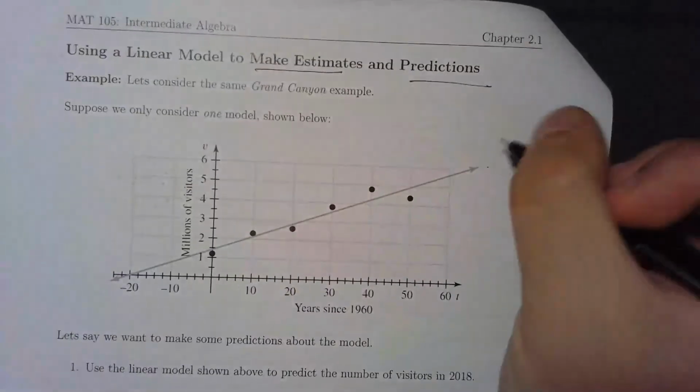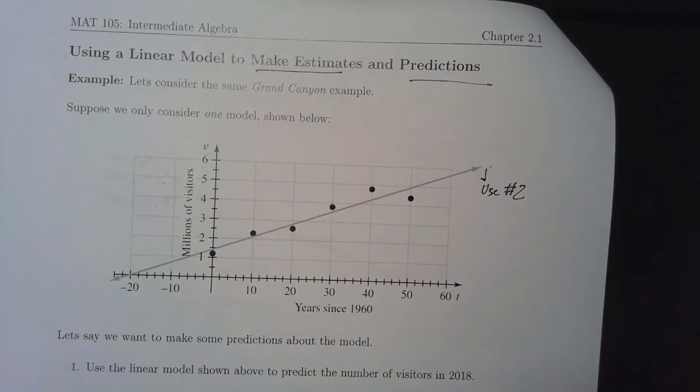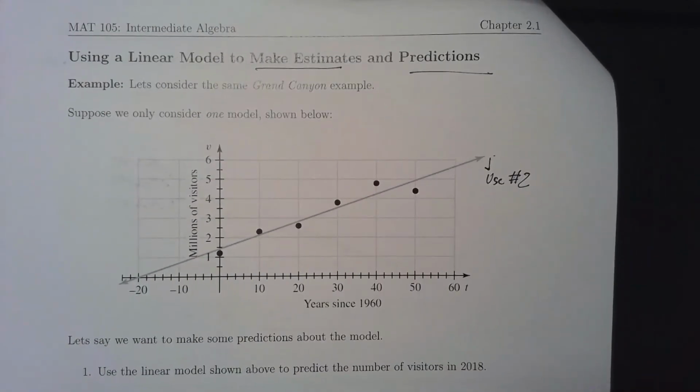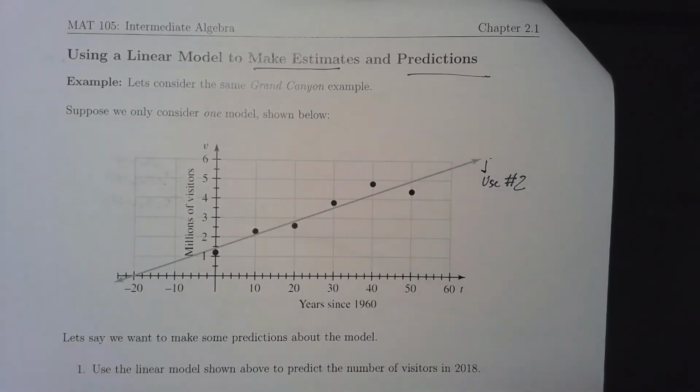So someone decided to say, all right, we're going to use model 2. It doesn't mean that model 1 and 3 are wrong. They just felt like model number 2 was the best illustration of the data.